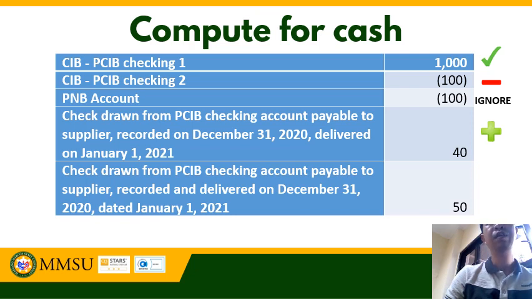So, nung gagawin, reverse. The entry would be a debit to cash and a credit to accounts payable. So, bringing back the cash, bringing back the accounts payable. Therefore, in computation, you have to add this. Okay? Therefore, computing the amount of cash, the answer would be 990.